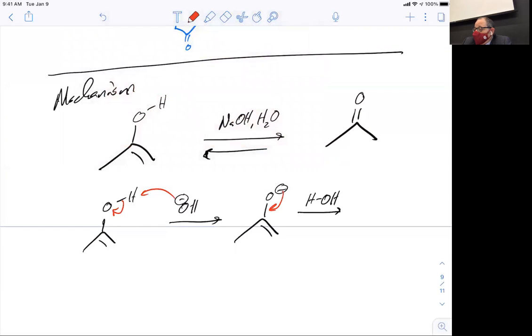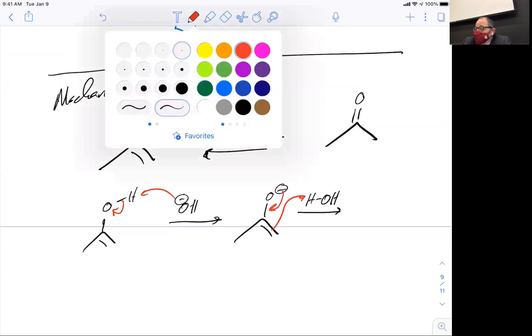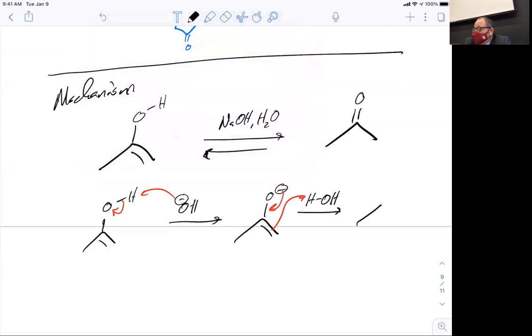That's going to come down here, pull off the proton, water, to give us our ketone. Question about the tautomerization? Okay.